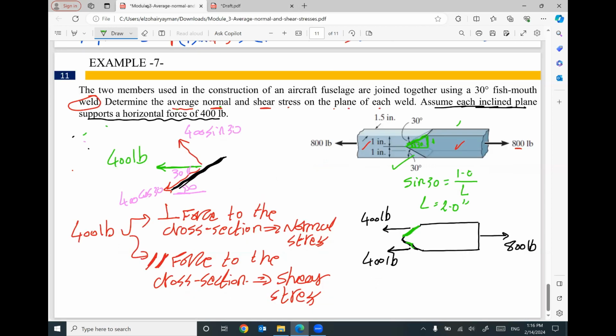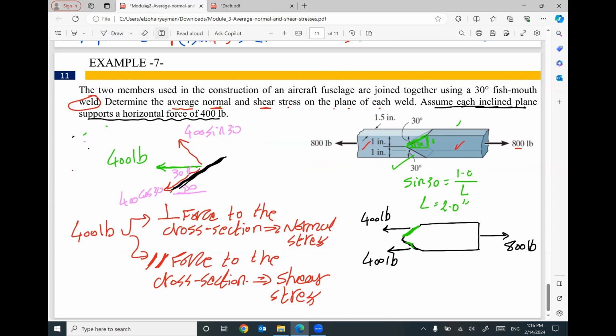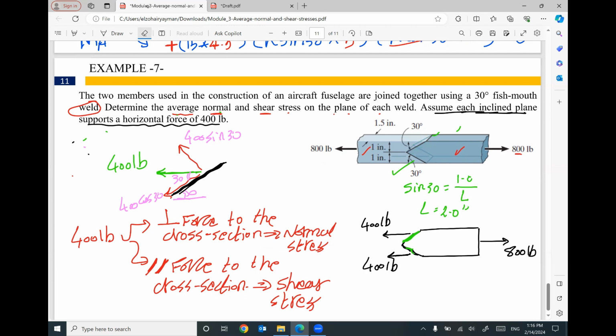So the main idea in this example, 2 points. The first point, what is the area of the cross section? I have to figure out this length and this width is given. The second idea is the applied force on this plane is 400 pound. I have to break it into one perpendicular and one parallel.